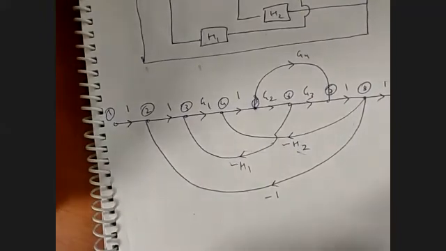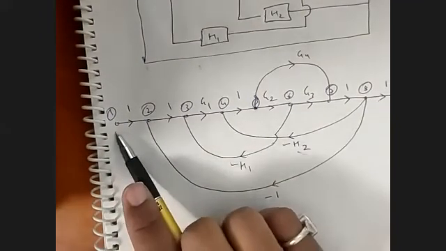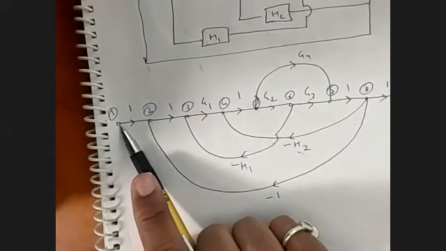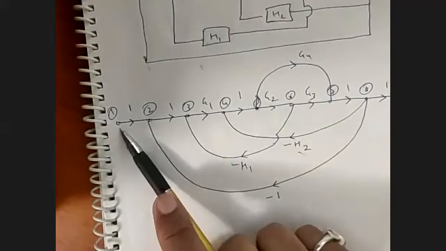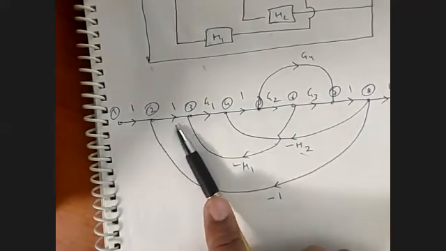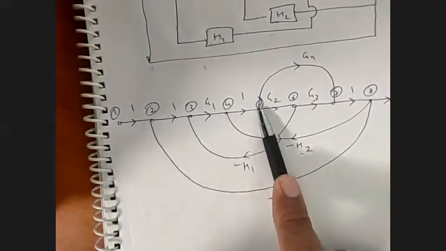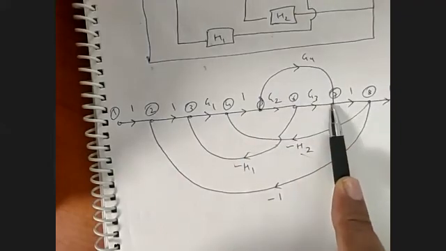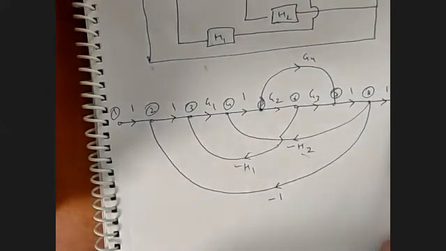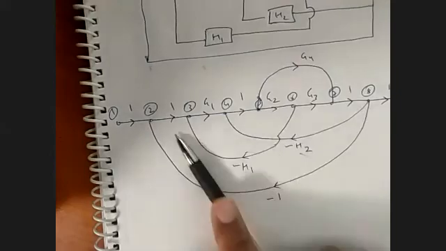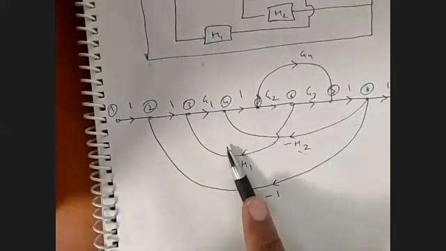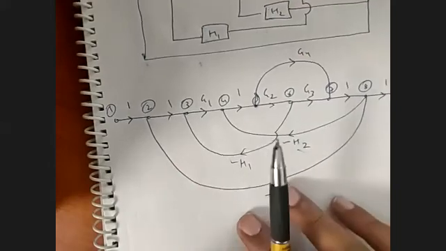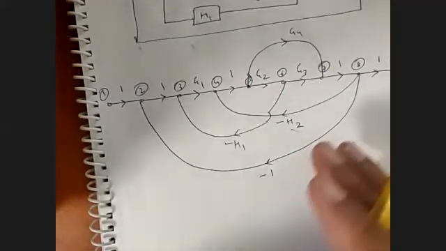I am just explaining, we have this first forward path that will be going from 1 to 9, and then we have a second forward path that will be going to 5, then going through G4 and then to 7, and then this will be going to this part. And there will be no part of the graph which is not considered in these two forward paths. So delta 1 and delta 2 will be 1.